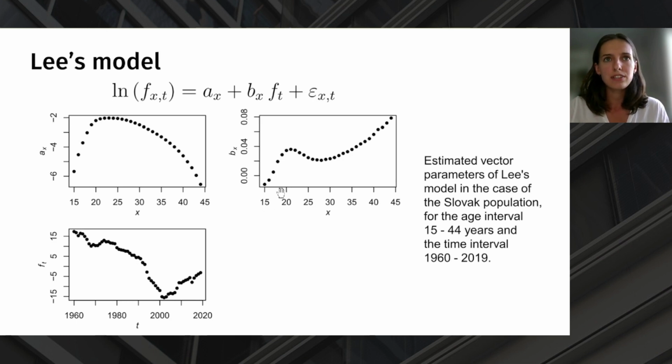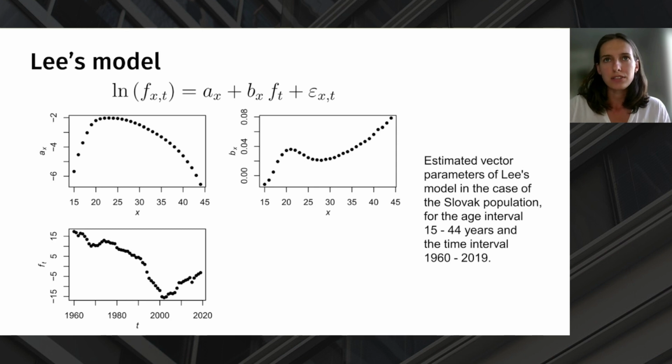The beginning of the graph of the parameter b_x is similar to a_x, but the graph for b_x only decreases between the ages of approximately 23 to 28 years, which can be interpreted as capturing the difference between young mothers and older mothers. And then it rises again, which may indicate the effect of delaying pregnancy to older ages or higher order births.